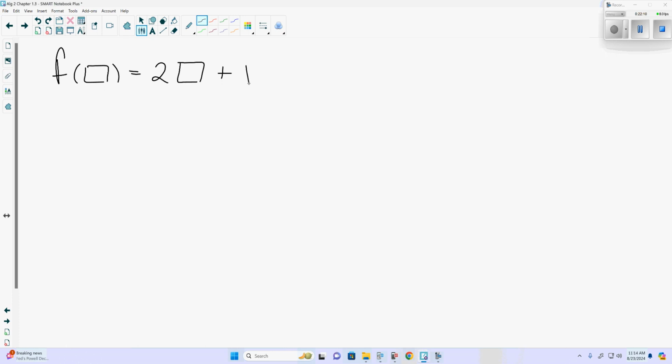Well, f of this box equals, it wants you to take whatever is in that box, multiply it by 2, and then add 1 to it. So our normal function was f of x equals 2x plus 1. So here, we put x into this box, so x goes here. So if we put 3 into here, for f of 3, everywhere there's a box or an x, over here we would also put a 3.